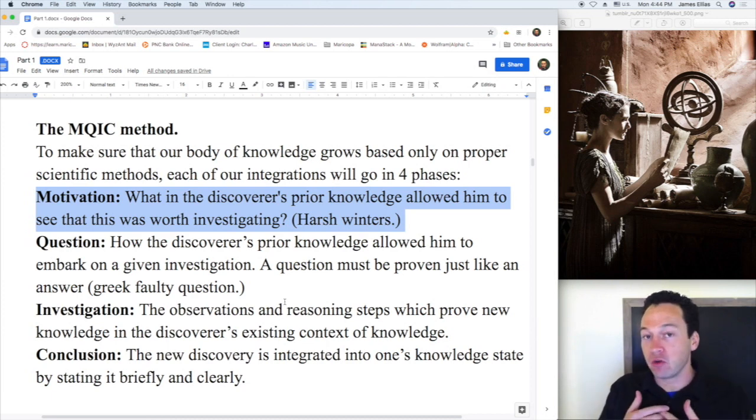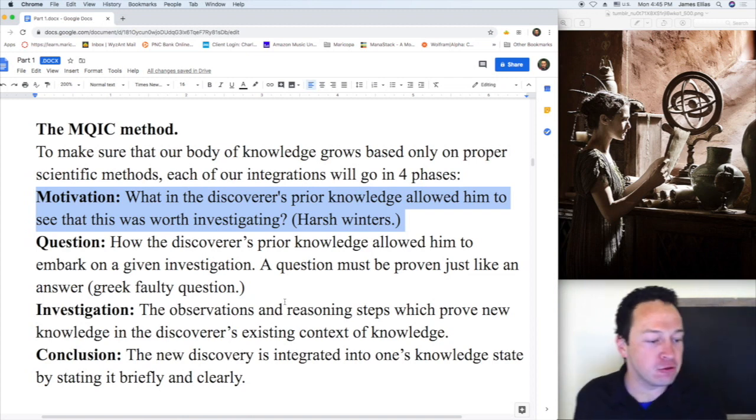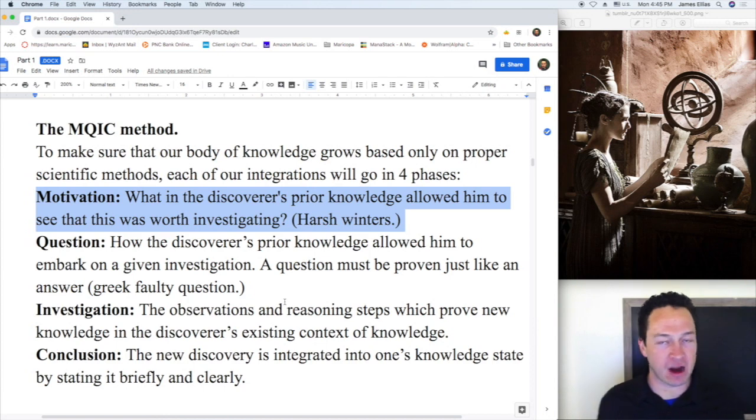You can see that there is no reason to conduct the investigation because there's no reason to think you'll find anything out. For example, if the ancient Greeks tried to figure out quantum mechanics, tried to figure out the structure of the atom, well, first of all, they would have no reason to try and do that because they weren't even really aware of what atoms were.